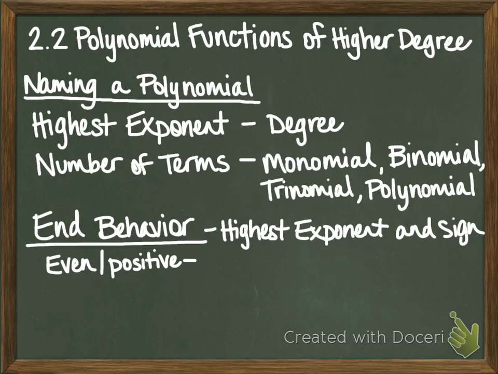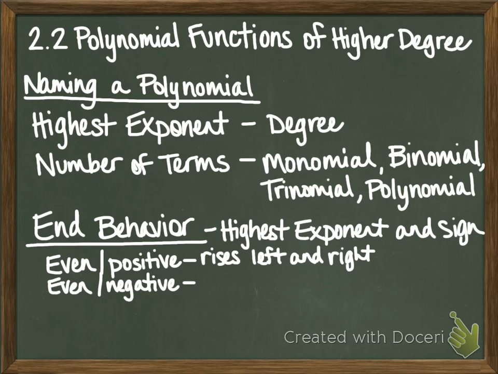So if the highest exponent is an even number and the term is positive, then that means that the end behavior rises on the left and right side. So if you think about the graph of positive x squared, we know that positive x squared is a U that opens up. And so it rises on the left and the right.